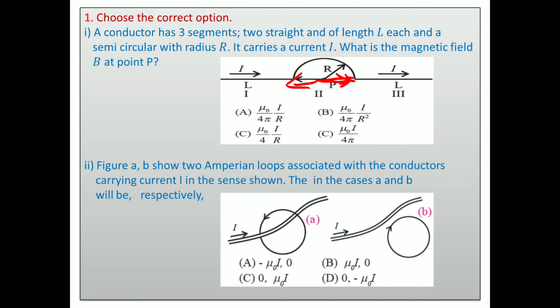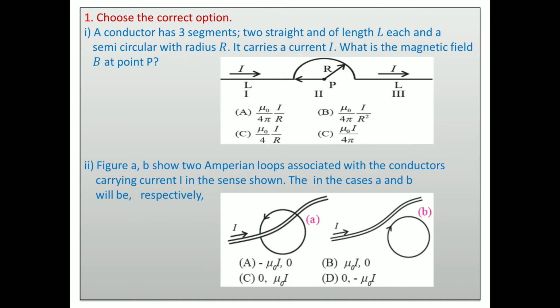Both magnetic fields are equal and opposite. So the magnetic field due to the first conductor is cancelled by that due to the third conductor. The resultant magnetic field due to the first and third conductors is 0 at point P. So the magnetic field is due to the semicircular part.